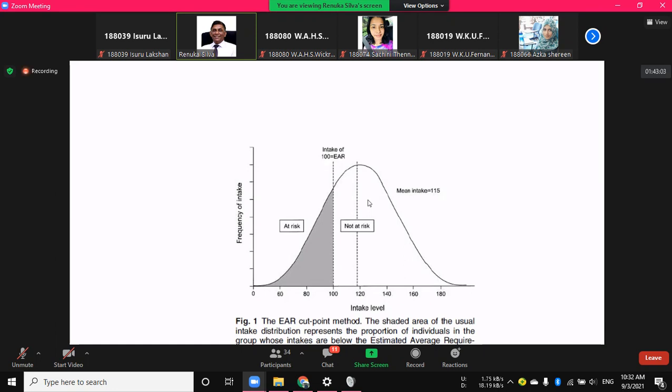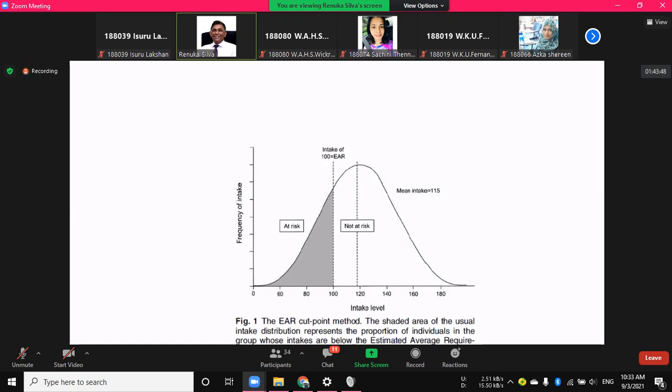Now I am going to ask a question from everyone. Tell me whether this group is a better performing group or a less performing group, considering their nutrient intake, compared to a normal population.